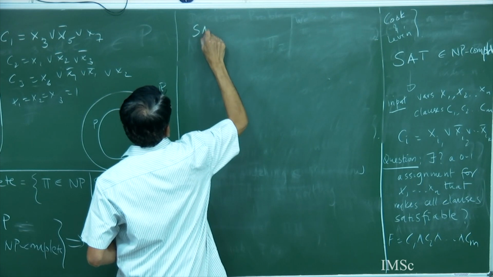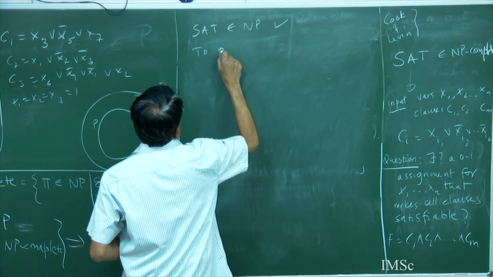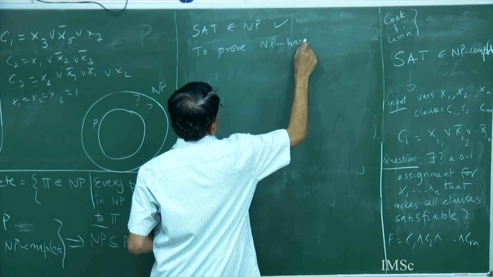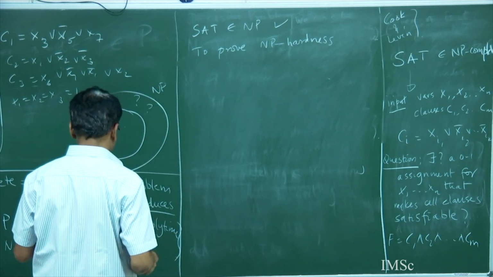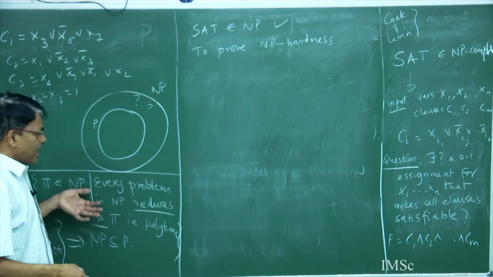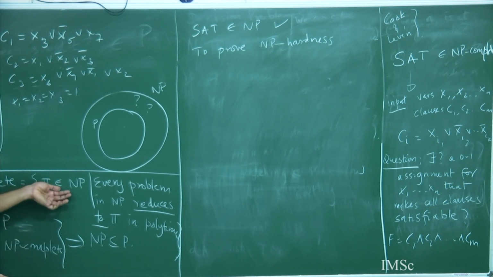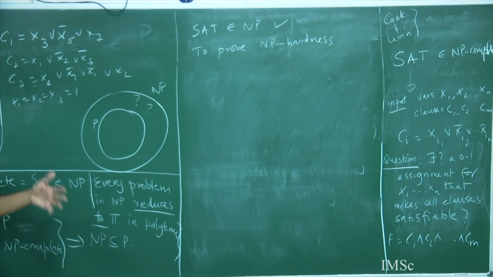So, SAT is in NP clearly. The other part, that every problem in NP reduces to it, is also called hardness. So, you can think of it as a problem is NP complete if it is in NP and it is NP hard. People often ask me what is NP hard; this problem need not be in NP. Okay. So, NP plus NP hard.